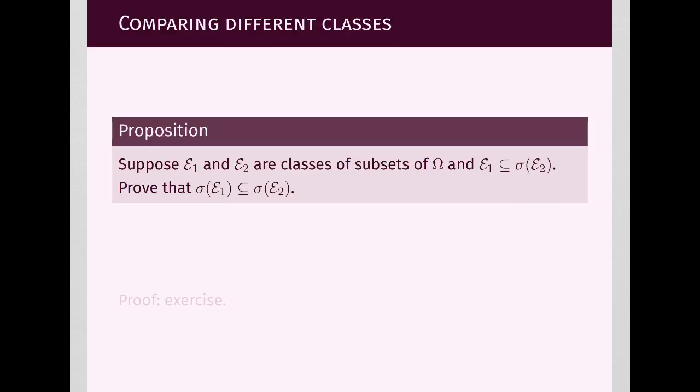So if we check that E1 is a subset of the sigma algebra generated by E2, then the sigma algebra generated by E1 is also at most as large as the sigma algebra generated by E2, in the sense that it's a subset of it.